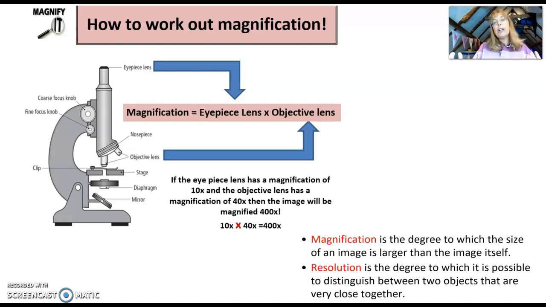And because the electron microscope can see in so much more detail, the resolution is better. So resolution is defined as the degree to which it is possible to distinguish between two objects that are very close together. So in a light microscope, you may not see the mitochondria. But with an electron microscope, not only will you see the mitochondria, but you'll see the beautiful folds of the inner membrane as well, because it has a high resolution.